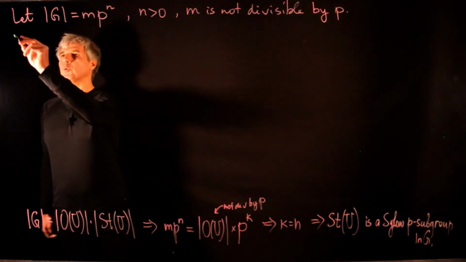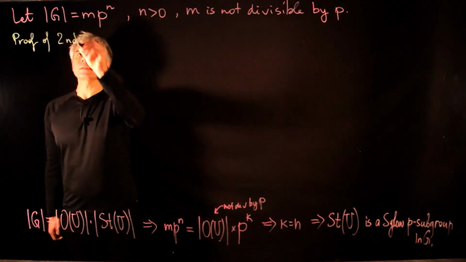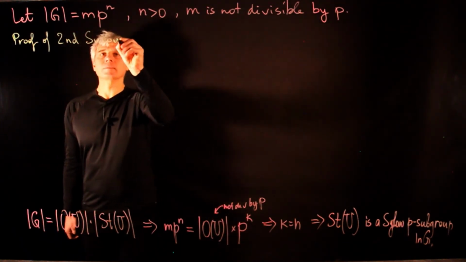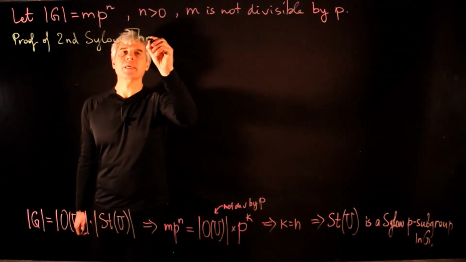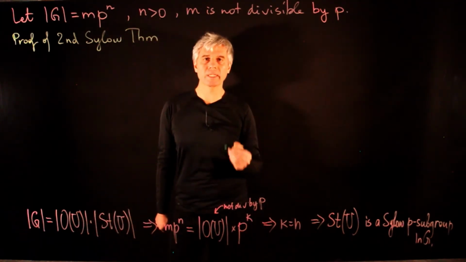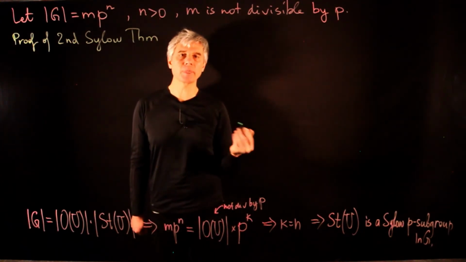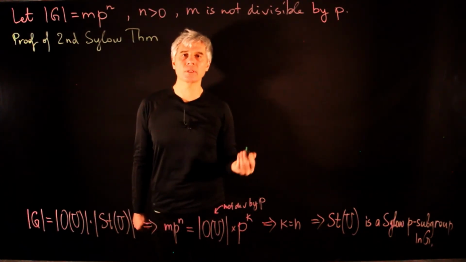Let us give the proof of the second Sylow theorem. So here we need to prove that every p subgroup is contained in some Sylow p subgroup, and that all Sylow p subgroups of G are conjugate to each other.